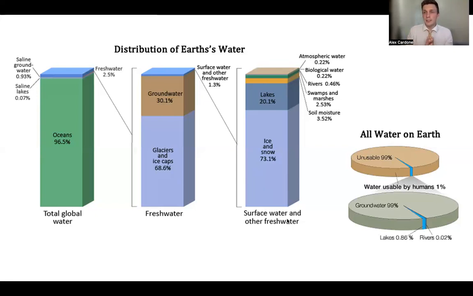Again, the overall premise is captured here on the right. All water on Earth, roughly about 99% of it is unusable. Water that's usable by humans, which is only about 1%, is mostly groundwater, where some are then lakes and rivers, otherwise known as surface water.